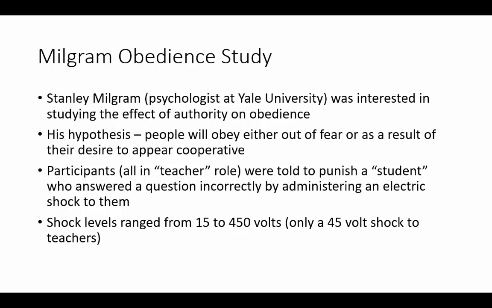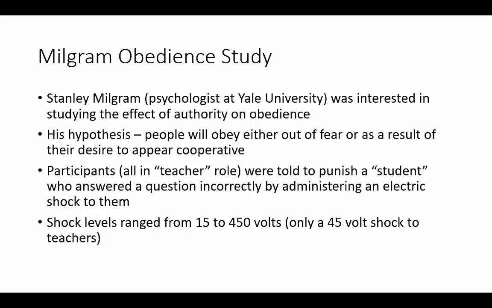Milgram devised an experiment to answer the question, could it be that Eichmann and his million accomplices in the Holocaust were just following orders? His hypothesis was that people will obey either out of fear or as a result of their desire to appear cooperative.